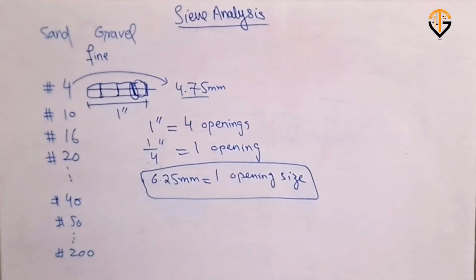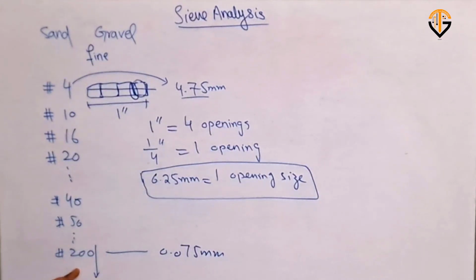Similarly, the size of clear opening of sieve number 200 is 0.075 mm. So we can define fine content as the particles that pass sieve number 200, or as we defined previously, the particles having size less than 0.075 mm.